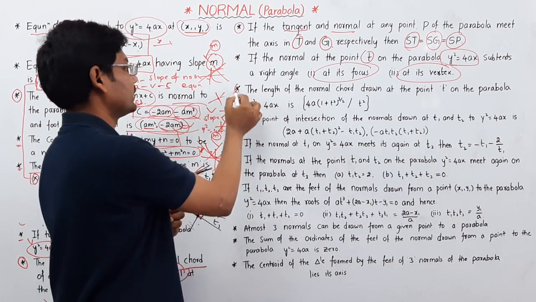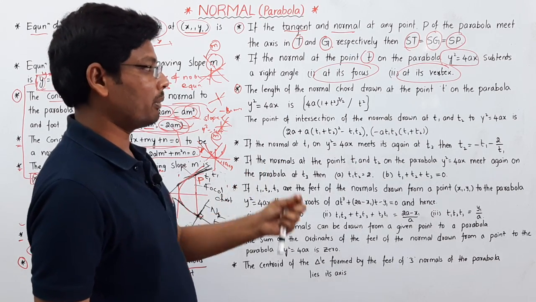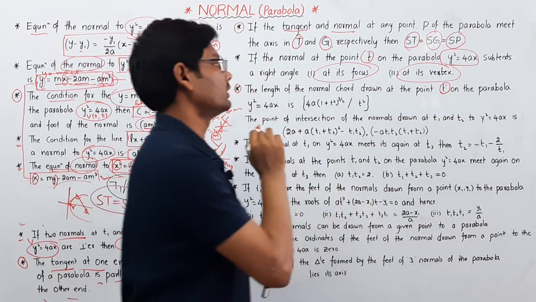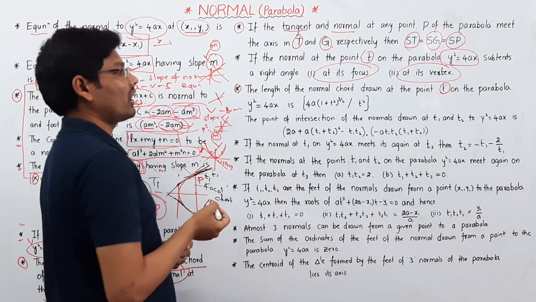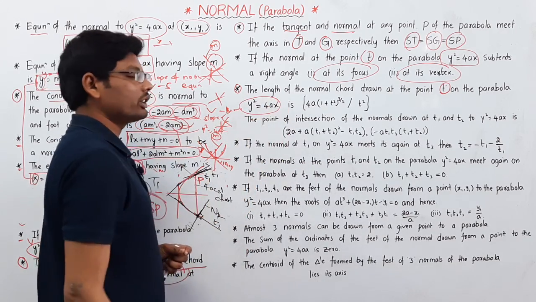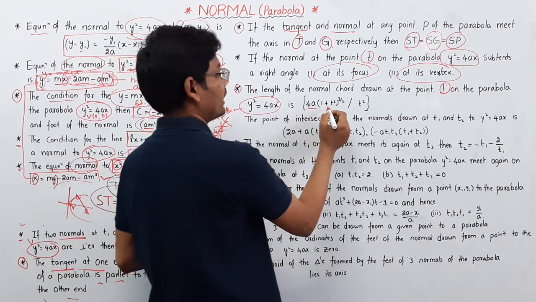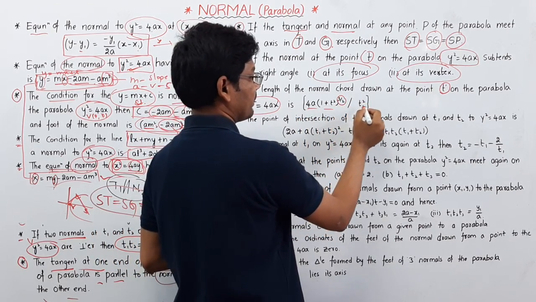And the next point, the length of the normal chord drawn at any point T on a parabola of standard form y square is equal to 4ax. You have to remember this formula: 4a of 1 plus t square whole to the power of 3 by 2 divided by t square.